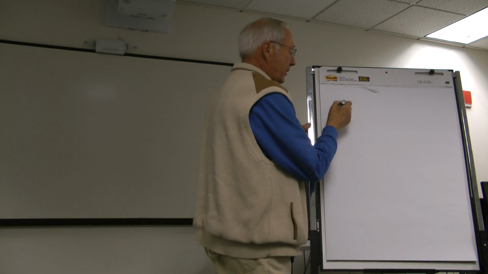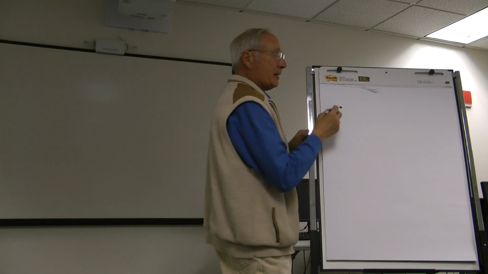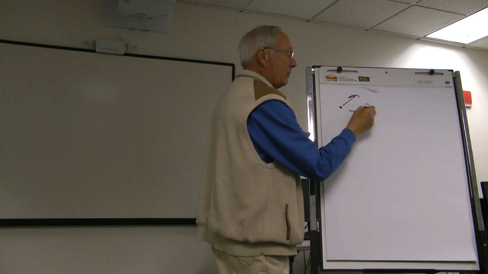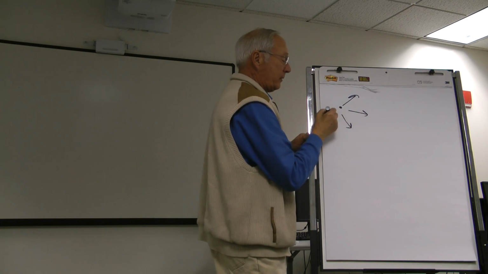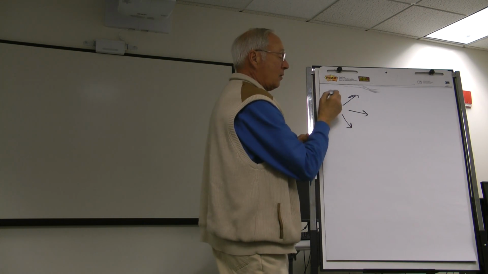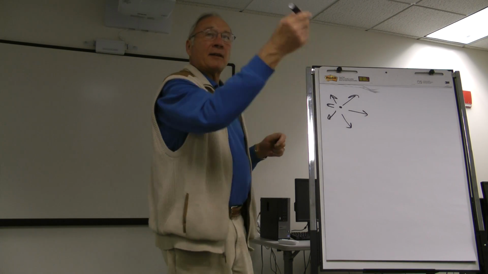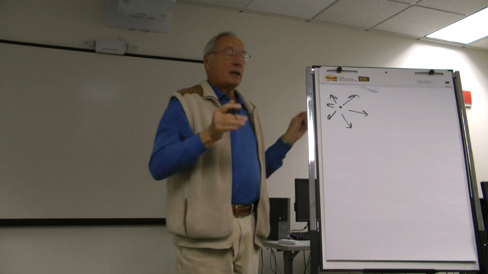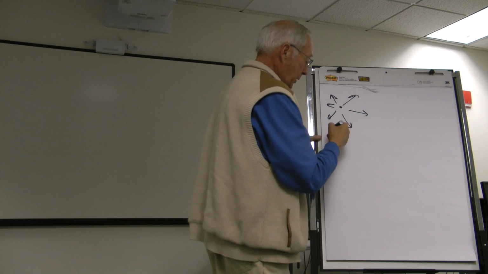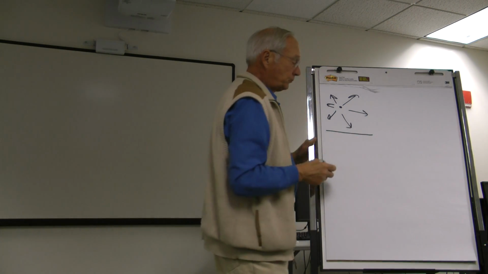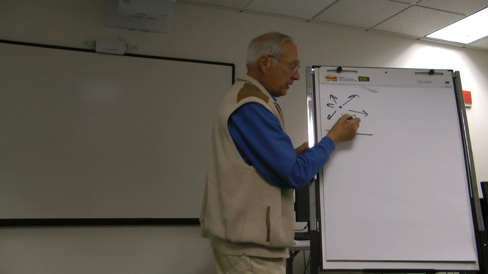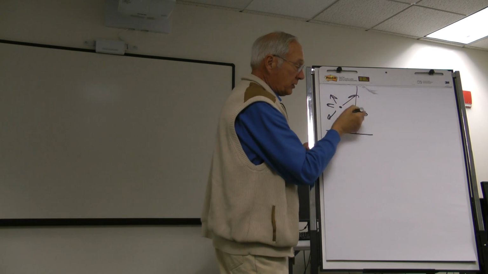Yeah, here's what happens. Now think about it. The antenna by itself will radiate all the way around the axis of the antenna, in general. Now, if you put another surface somewhere, you'll get reflections.